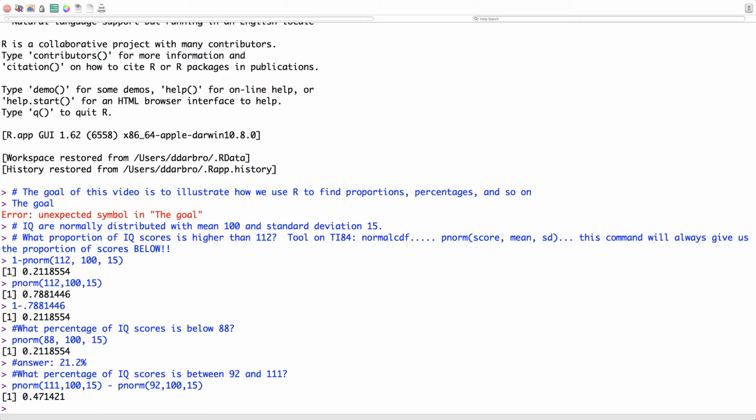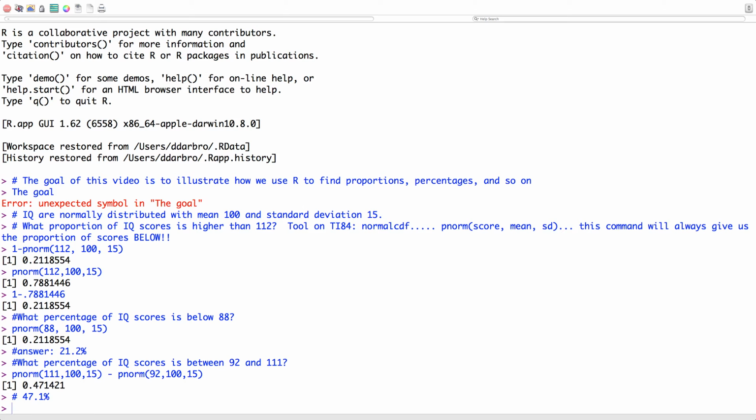You're going to get exactly what we need, which is 0.471421. Since we were asked for a percentage, we report it as a percentage. So the final answer would be 47.1%.